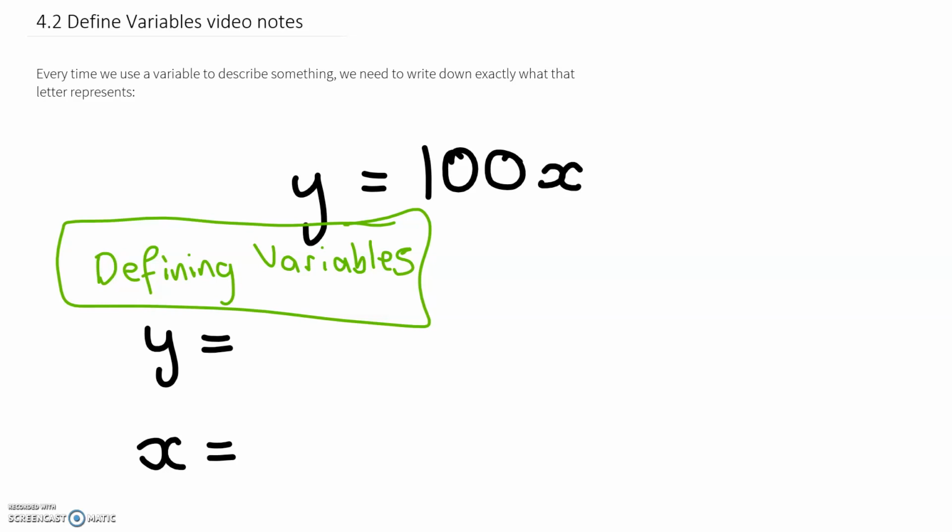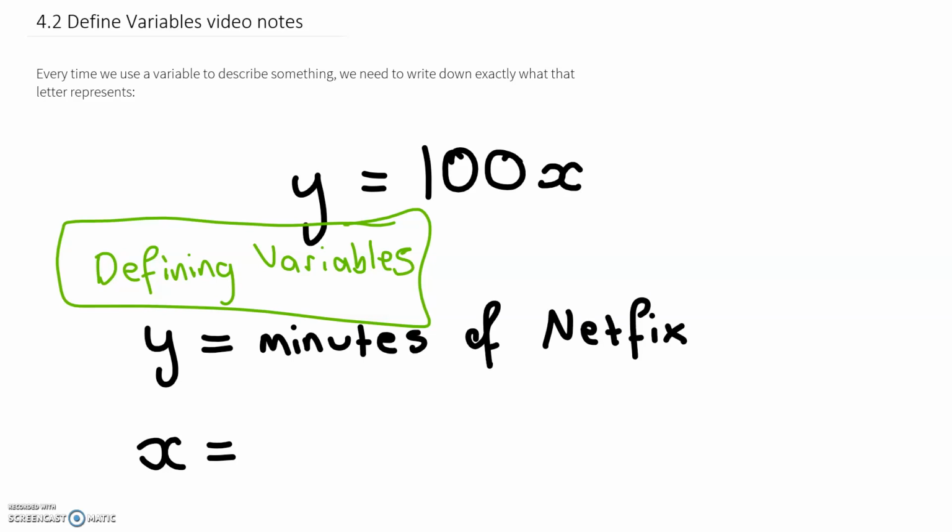Let's say in a week. Oh, actually in total. I'm going to go in total. So y equals minutes of Netflix watched. It could be another streaming service too, if you don't have Netflix. And let's say x, the thing that affects the number of minutes of Netflix that you're watching, is the number of days you've spent in isolation so far.